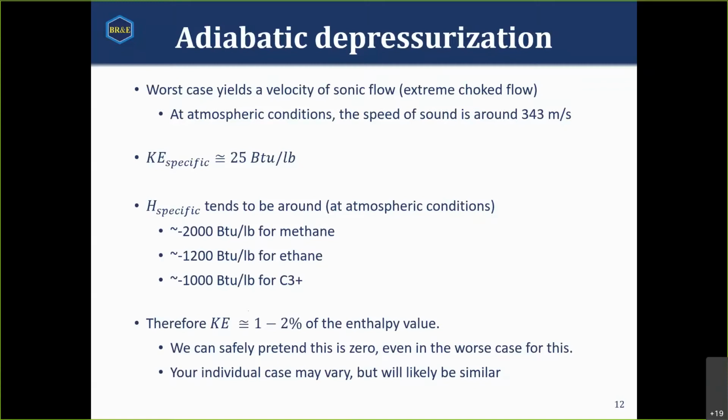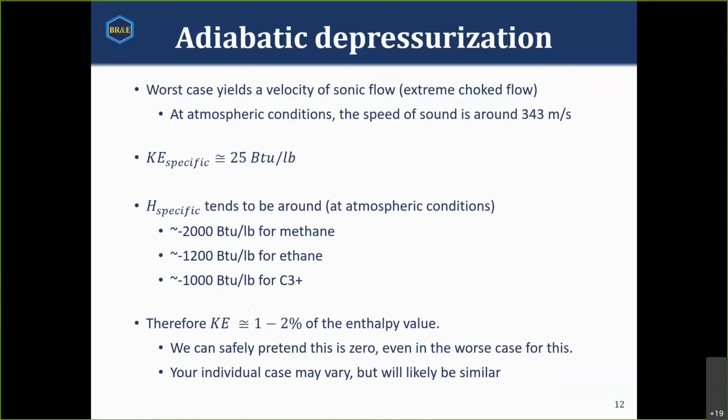We're going to pretend it's not really much of a function of composition. We'll say the speed of sound is the atmospheric speed of sound at standard conditions, so 343 meters per second. With that velocity, 1/2 v squared gives a specific kinetic energy of approximately 25 BTUs per pound. Again, this number could shift a bit, but I wouldn't expect dramatic changes.